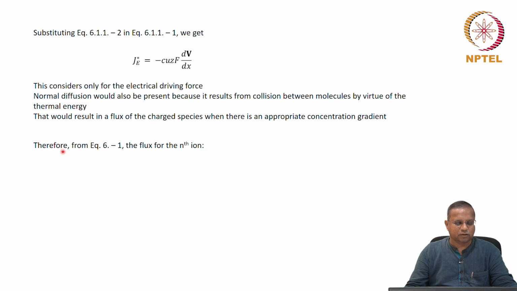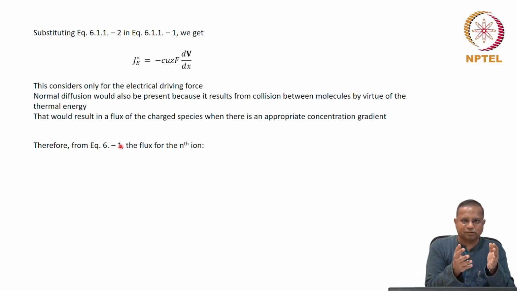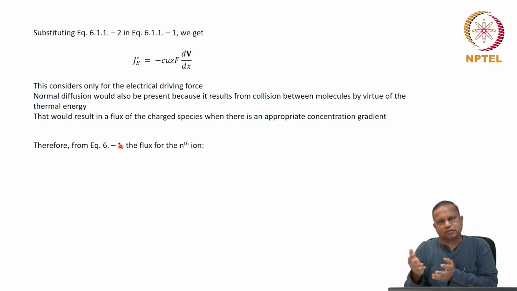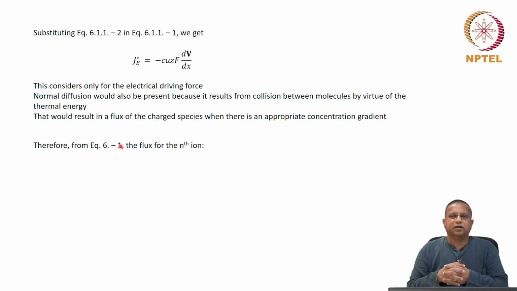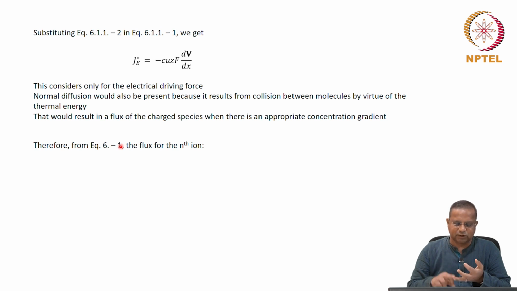So the flux for the nth ion, remember our equation 6-1, said that a flux is the vectorial sum of fluxes from the different driving forces. We talked about concentration gradient, electrical, and then P, a pressure gradient, and T, a temperature gradient, and so on and so forth.